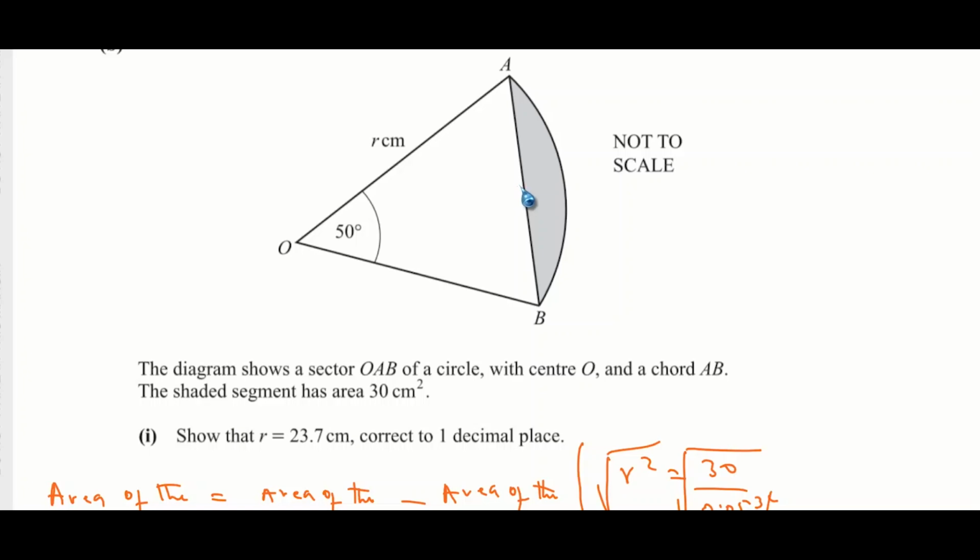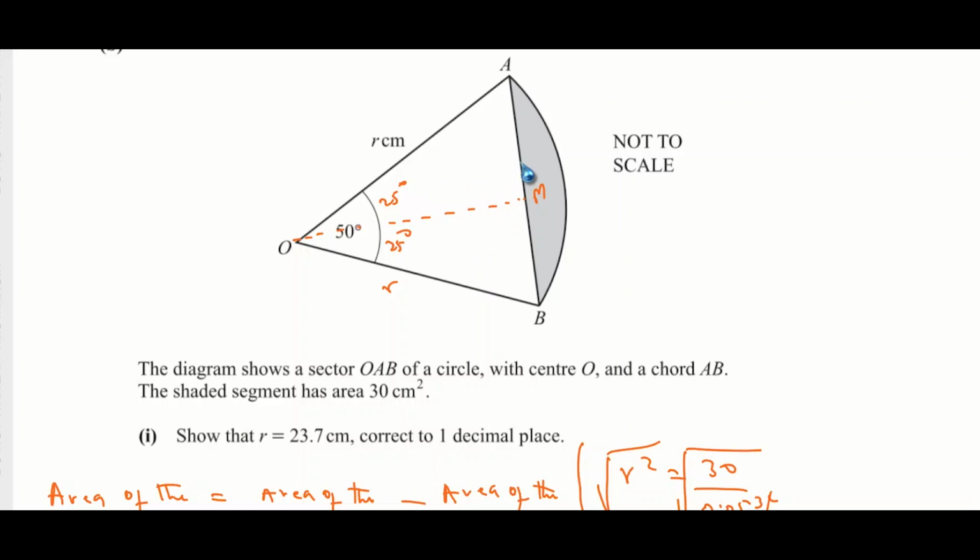To get the length of the chord, you can just divide this triangle into 2. So this angle will be 25 degrees, this will be 25 degrees, and this side is r centimeters. These two halves are identical, so you can partition this at M. Once you find AM, you multiply your answer by 2, and that will be the length of the chord AB.